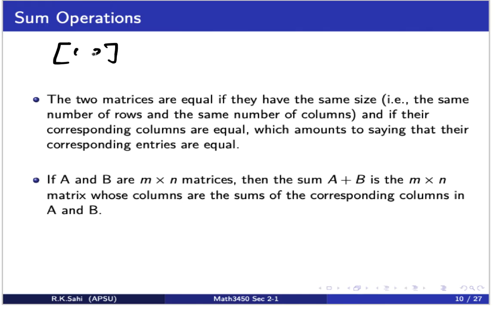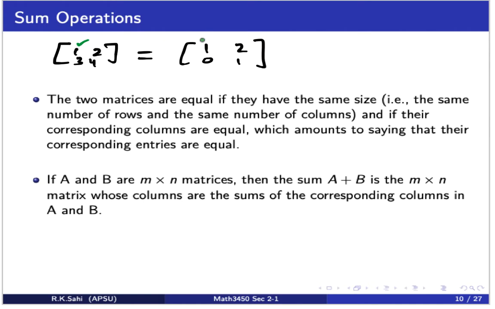Suppose this is an entry 1, 2, 3, 4, and I have another matrix, say 1, 2, 0, 1. Now, these two matrices look the same. They're square matrices. But for them to be equal, not only do the sizes have to be the same, but every element also has to be the same. Notice 1 is the same as 1.